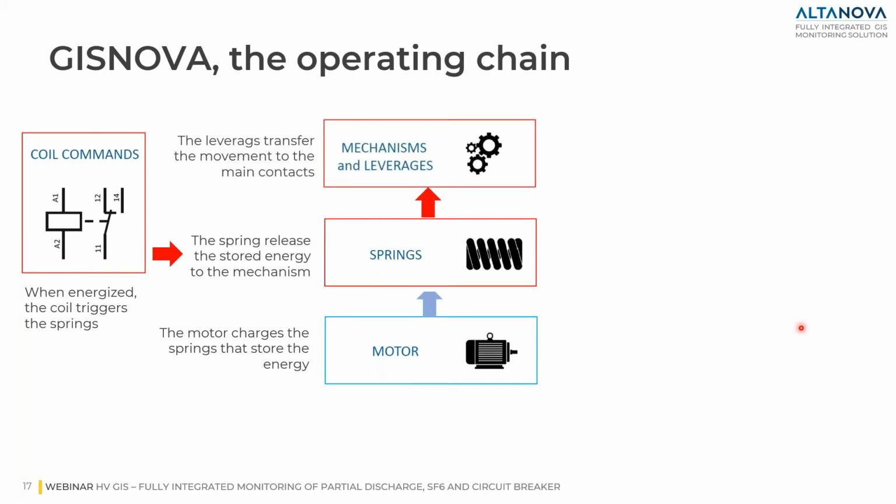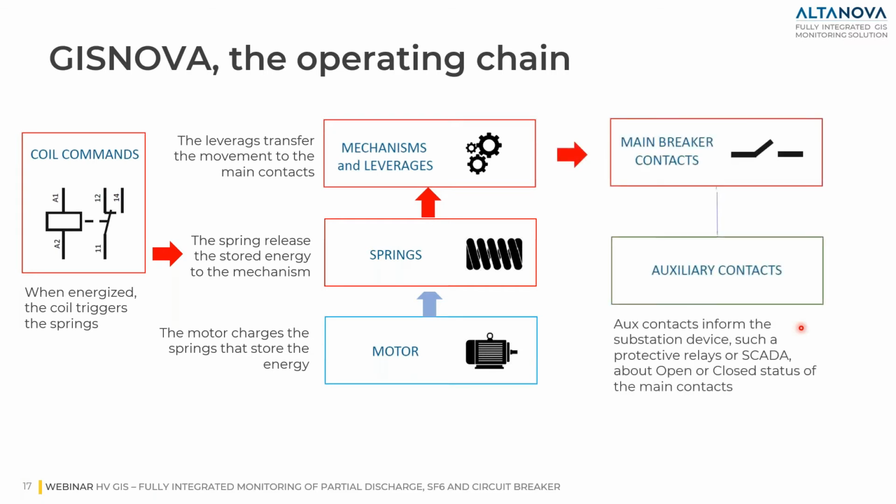This design can vary between models, but the majority of breaker failures, both major and minor, can be caused by a malfunction of one or more components within this operating chain. And it can be difficult to detect this behavior through the sole use of offline testing procedures.